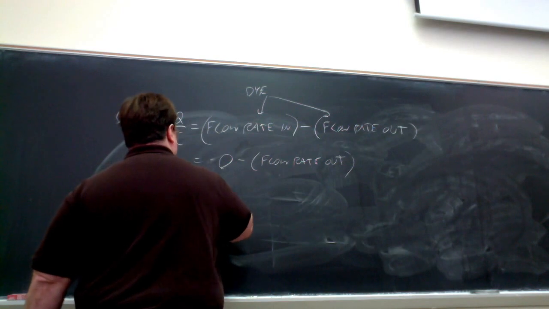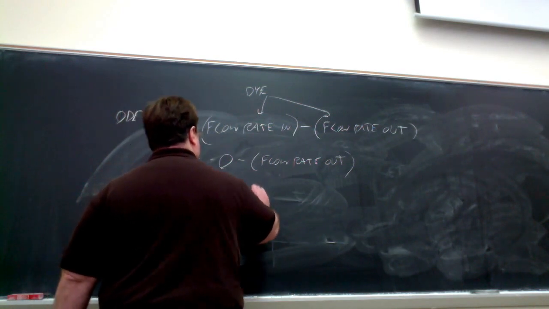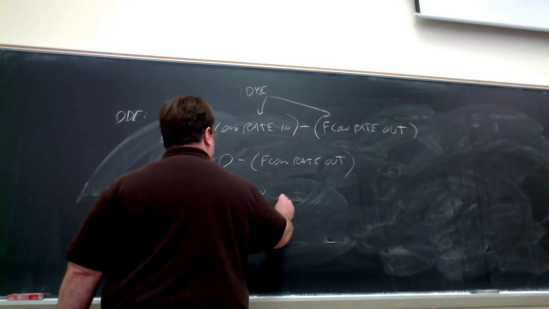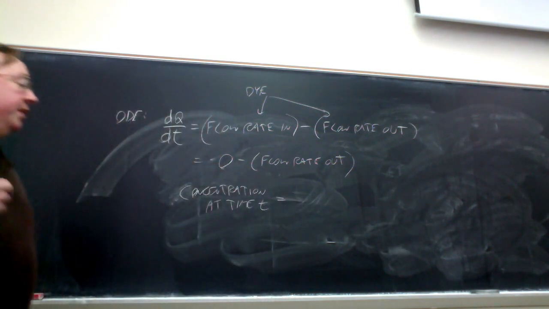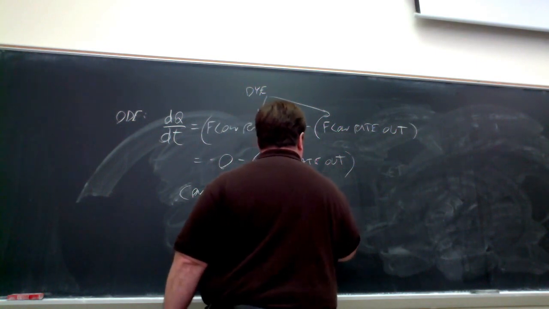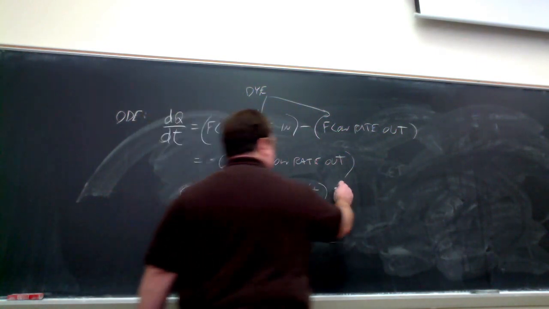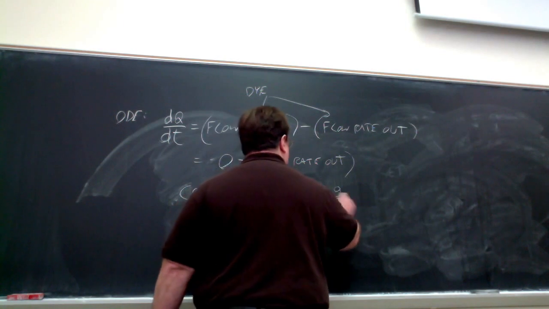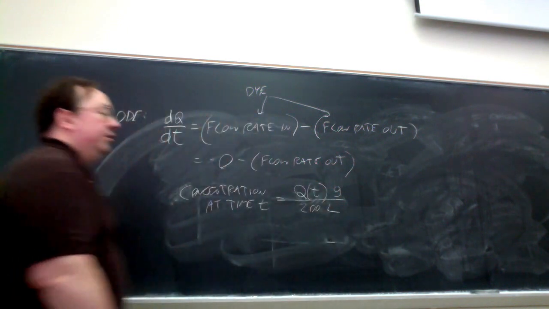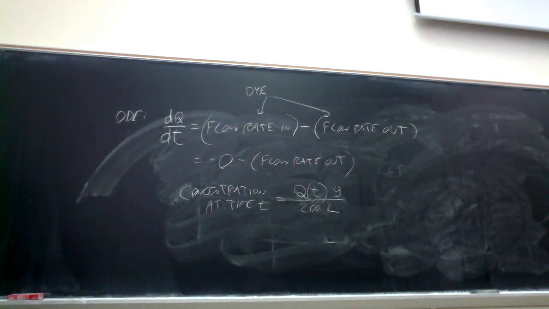So here we use the fact that the concentration at time t is equal to whatever amount of dye we have, which is in grams, divided by the total volume of liquid, so the solution that's getting more and more diluted in a tank.